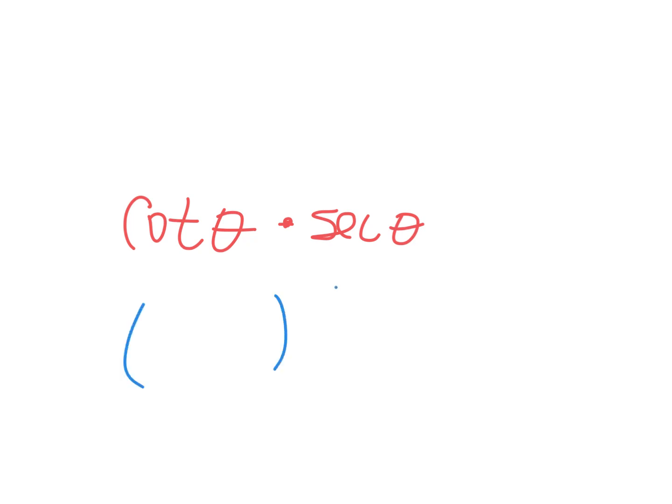If tangent is sine over cosine, you should be able to use cotangent also. You should be able to use logic to figure out what that is. This one's tricky, but you can do it. It's all about swaps.